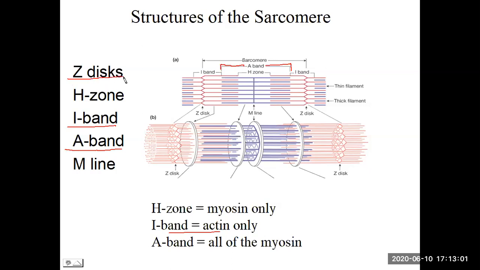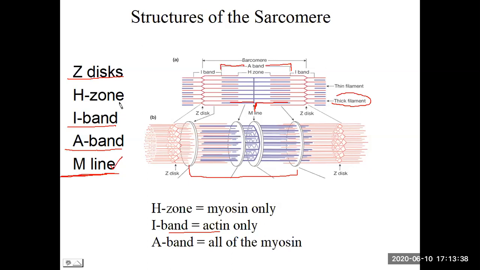The Z disc, as we just pointed out, that's the boundary of one sarcomere, from Z to Z. And the newer terms we're adding in now, the M line. The M line is the center of the sarcomere. And the M line is the connection point for all of the thick filament. So the myosin thick filament is all centrally connected to that M line.